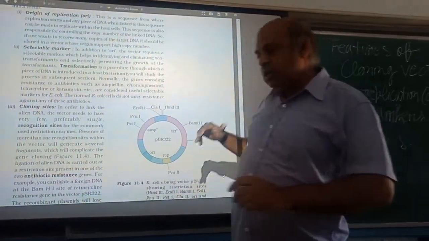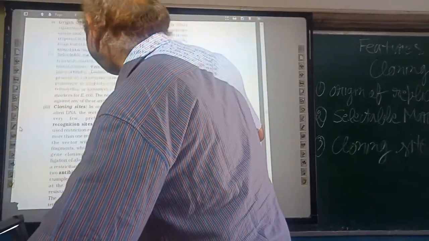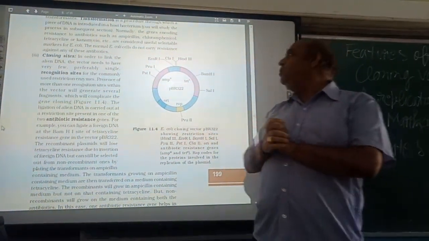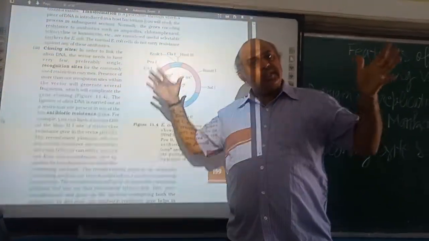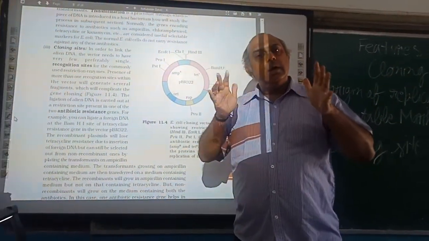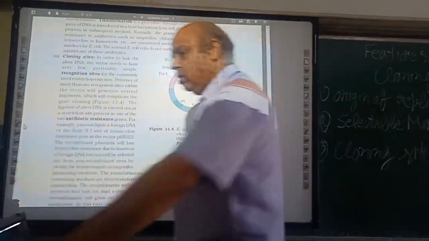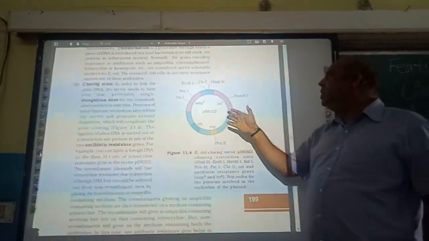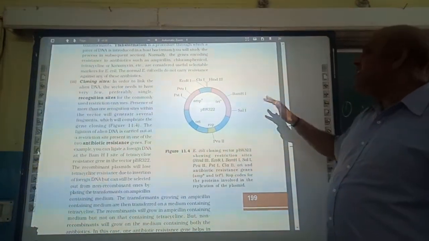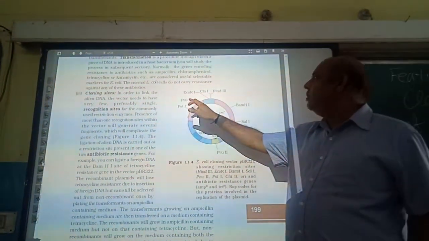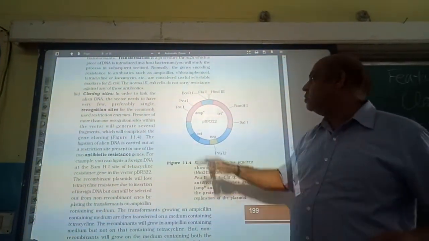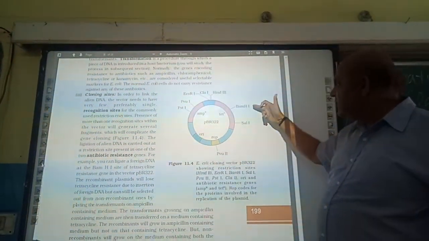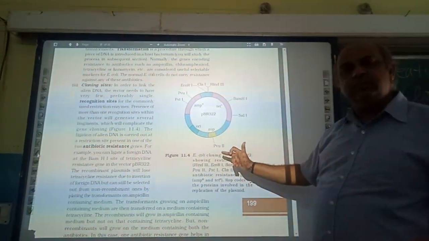And the third feature of a cloning vector is cloning sites. Yes, there should be a number of cloning sites present. In case of PBR 322, you can see 8 cloning sites of different restriction enzymes: 1, 2, 3, 4, 5, 6, 7 and 8.